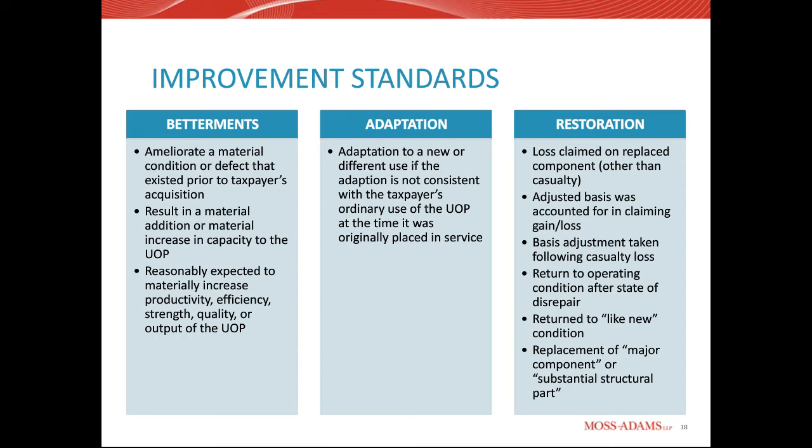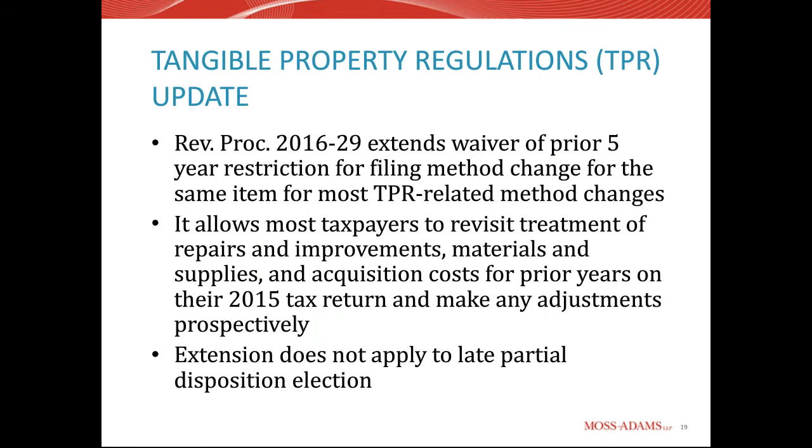So that gets me to what's new. The IRS recently, and this is hot off the presses within the last two weeks, issued Revenue Procedure 2016-29. What that says is it basically allows taxpayers who filed an accounting method change to go back and file another accounting method change to either add repairs or pretty much anything except for partial dispositions that they had left on the table as a result of maybe timing.